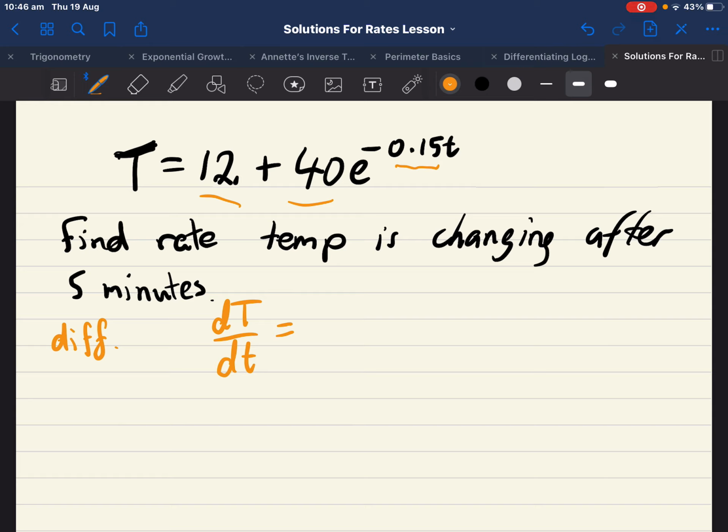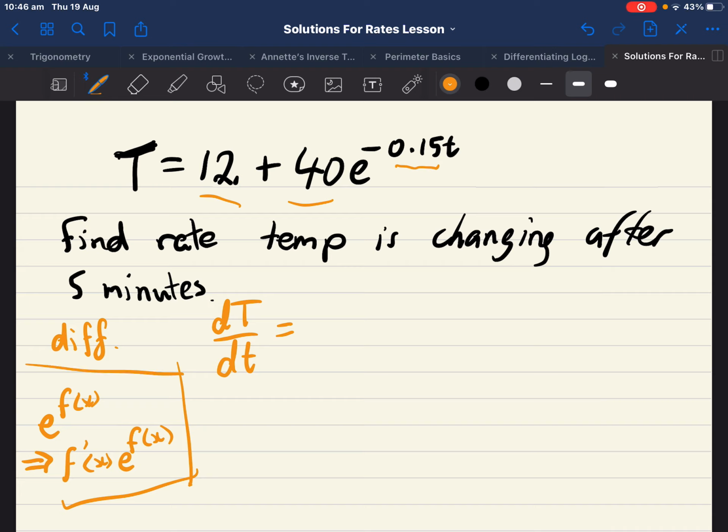You differentiate the 12 and it becomes 0. You differentiate the exponential. Remember, when differentiating exponentials, the derivative of the f(x) comes down the front, and then the exponential remains unchanged afterwards.